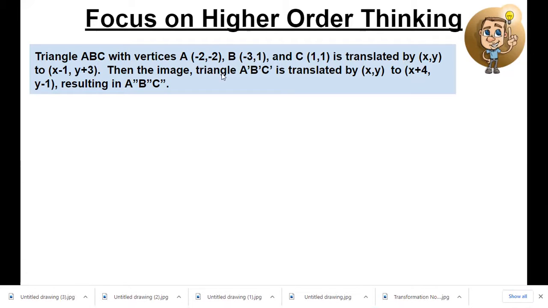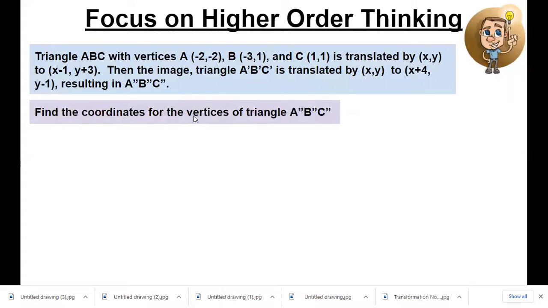Then the image triangle A prime, B prime, C prime is translated again, this time by x plus 4, 4 units to the right, and y minus 1, 1 unit down, resulting in A double prime, B double prime, C double prime. Find the coordinates for the vertices of A double prime, B double prime, C double prime.